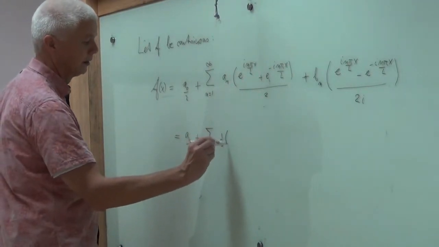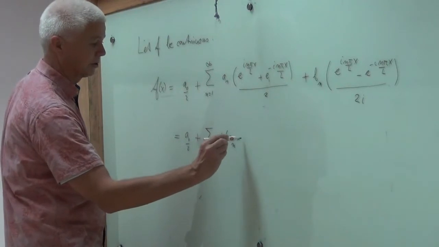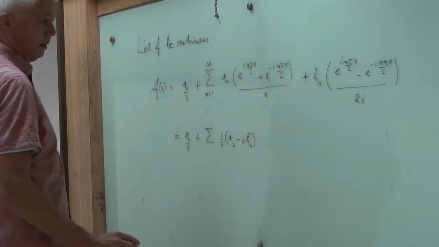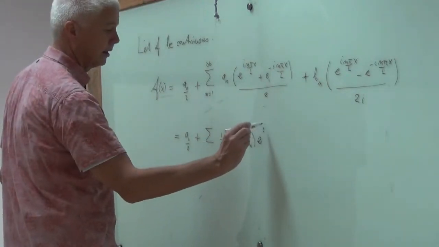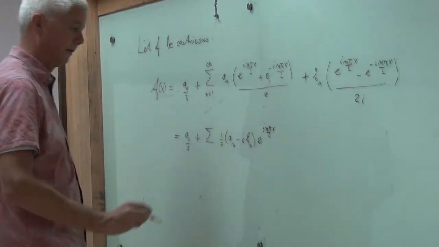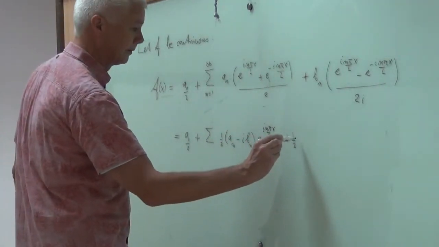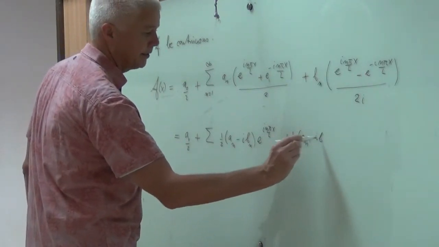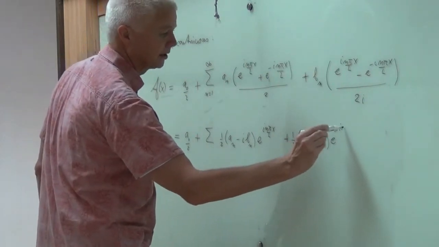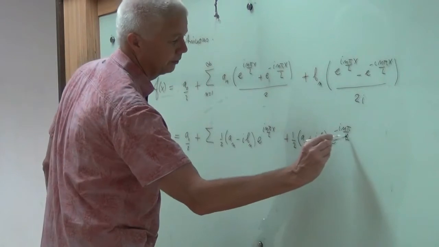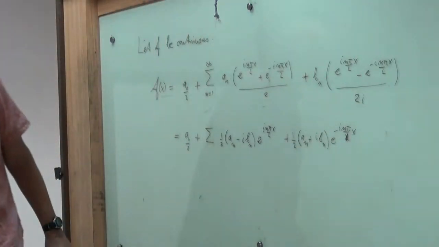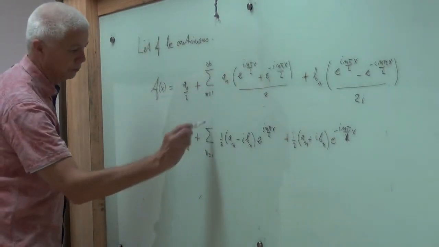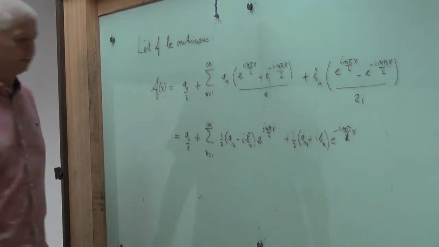So I will get a half an minus i bn e to the power i n pi x over L plus a half an plus i bn e to the power minus i n pi x over L. And this summation runs from n is 1 to infinity.